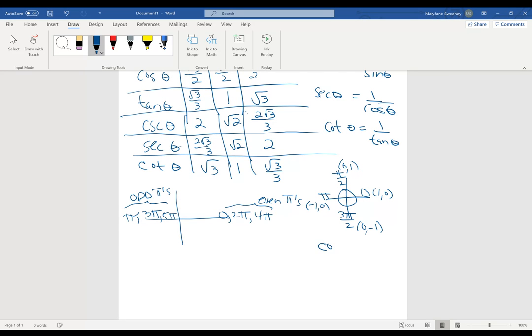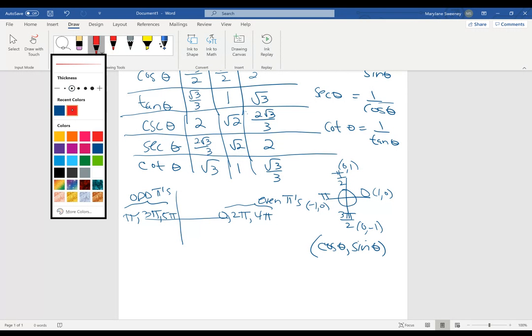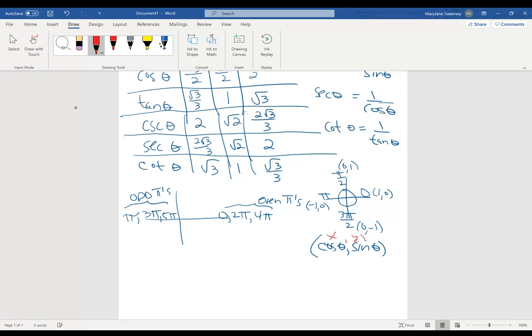And it goes cos theta, comma, sine theta, meaning cos is the x, sine is the y. And we already said that tan theta, which is sine theta over cos theta, that means it would be y over the x.